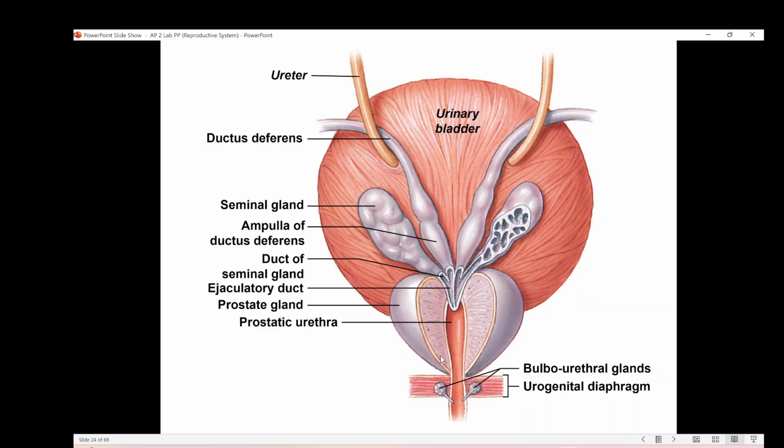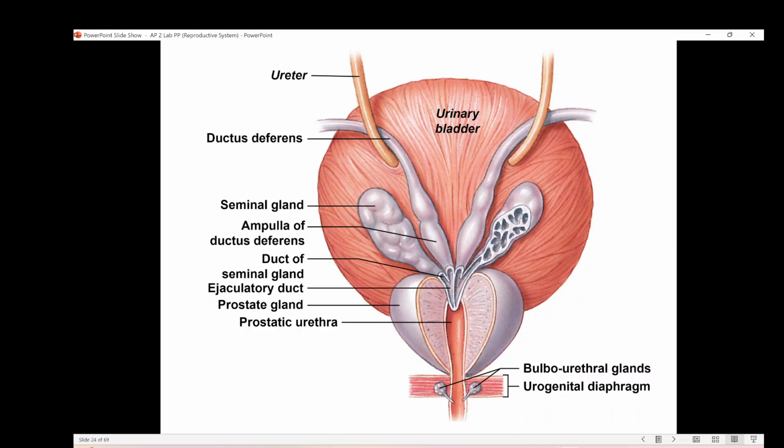And finally, in the floor of the pelvis, there are small glands known as the bulbourethral glands, or sometimes they call them Cowper's glands. They're right in the floor of the pelvis. These are a little bit more active prior to sexual intercourse. Just a male having sexual thoughts, or at the beginning of sexual intercourse, these glands will produce an alkaline, thicker secretion that helps to go down into the urethra and neutralize the pH of the urethra.